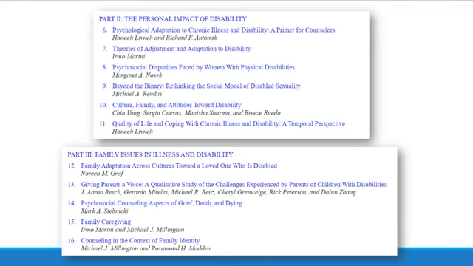So throughout the term, we're going to be exploring these different chapters, and these are just some of the psychosocial topics that we're going to be exploring.